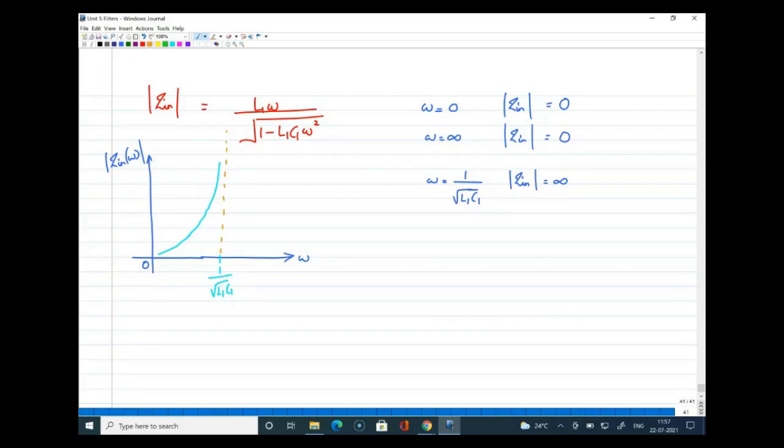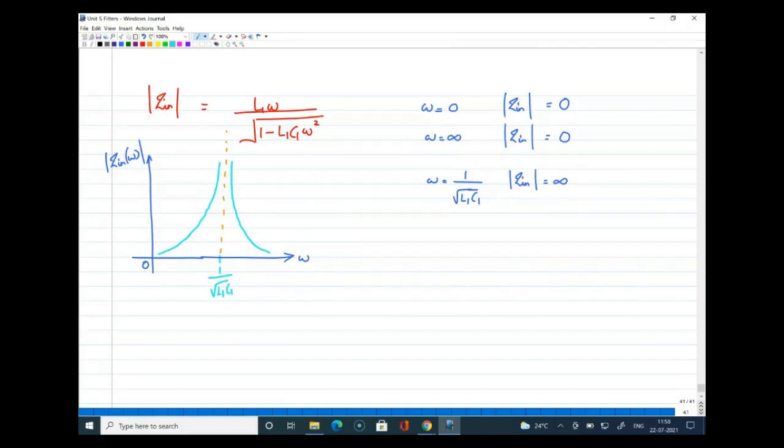After that frequency it will start reducing from infinity, and when your omega equal to infinity, your input impedance will again come down to 0. This is what you can observe, and this will be the frequency response of this, right?